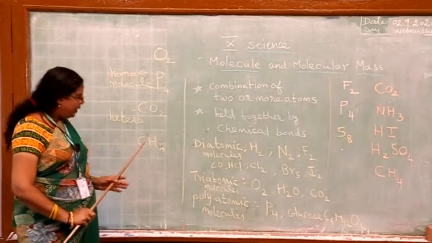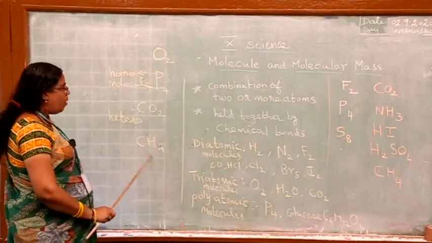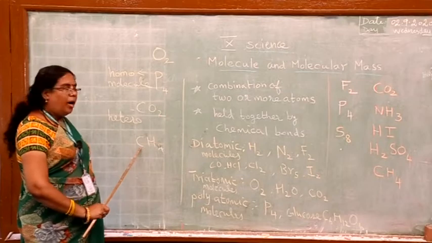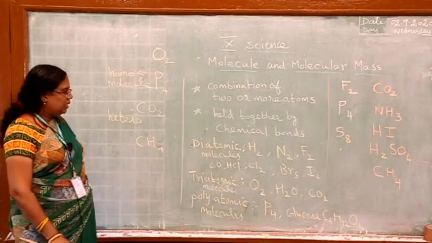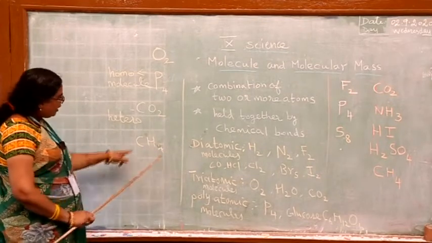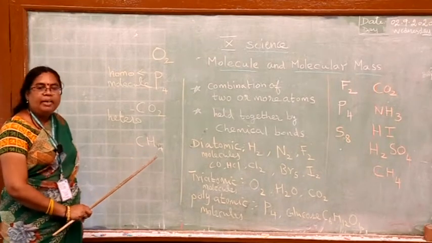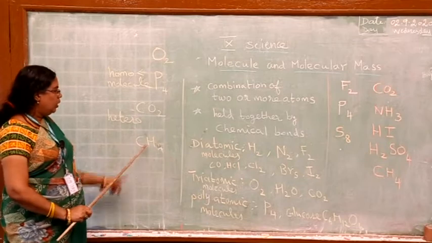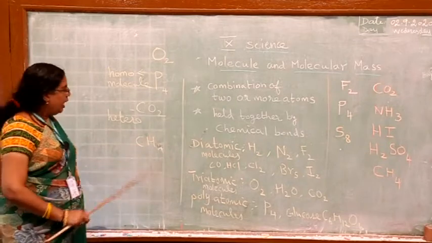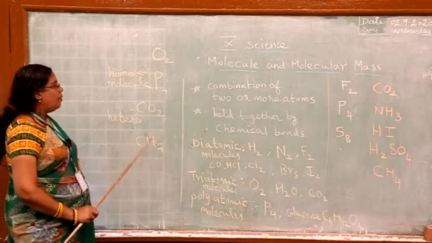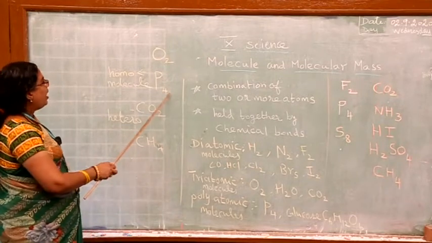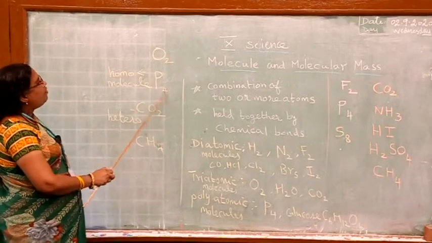So we can call it a polyatomic molecule. In this polyatomic molecule, it contains atoms of different elements. So we can say heteropolyatomic molecule.